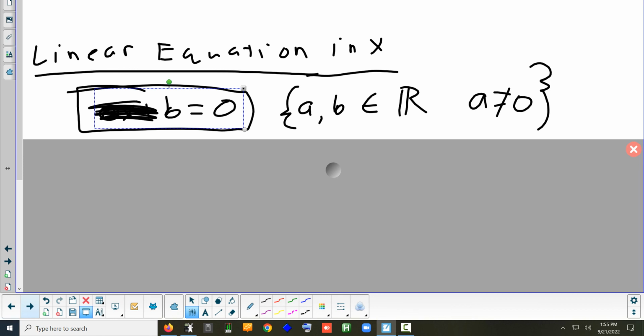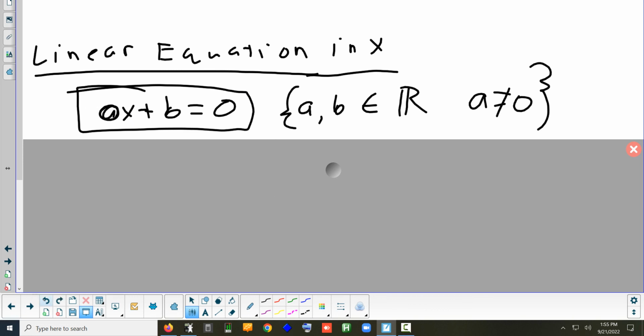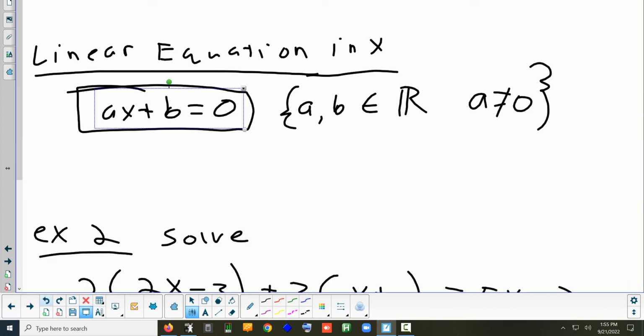That's no longer called a linear equation. This is called a constant equation. It's just a number. So to be a linear equation, it has to fit this pattern. A and B can be any real number. That's what the capital R stands for. Except A cannot be 0.